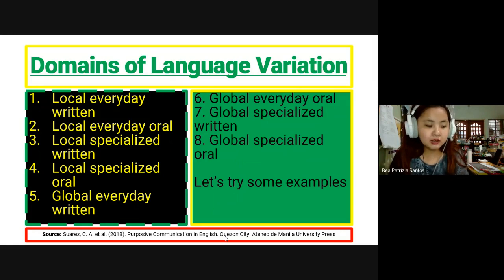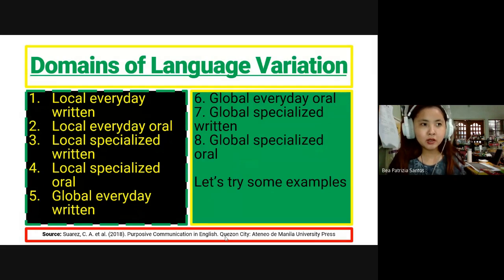And finally, number 8, paper presentations in an international academic conference. When you present a paper in an international academic conference, you are talking about specialized topics in spoken form.